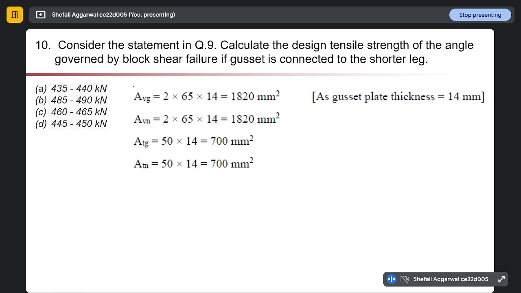For block shear failure we need 4 areas. In the same way we calculate these areas, Avg, Avn, then Atg and Atn, the same as we have seen in the previous question.